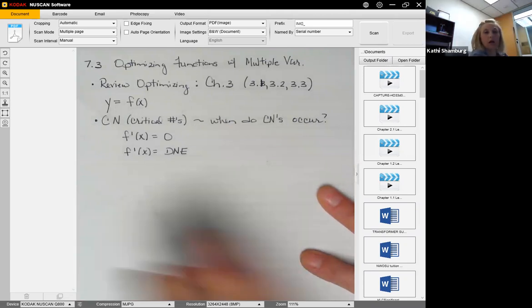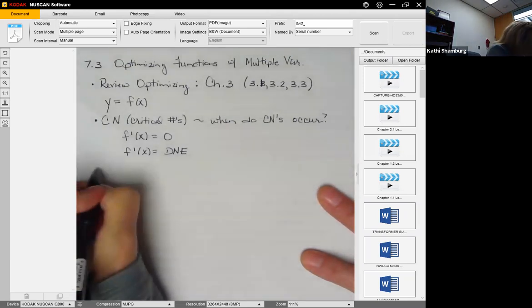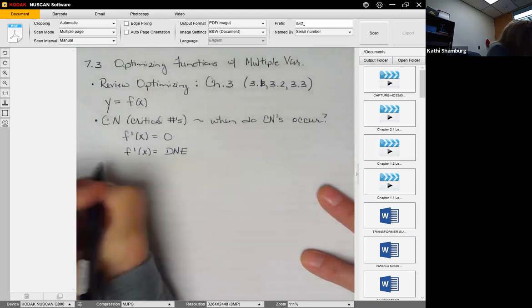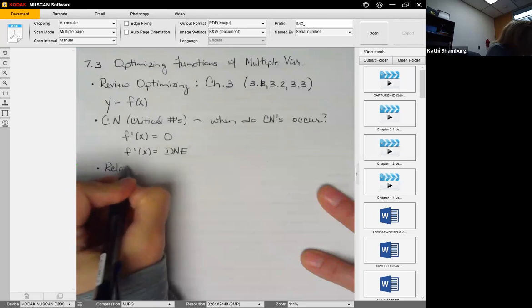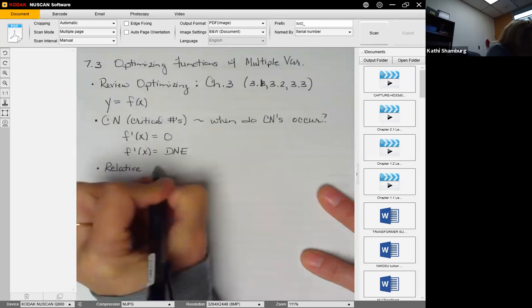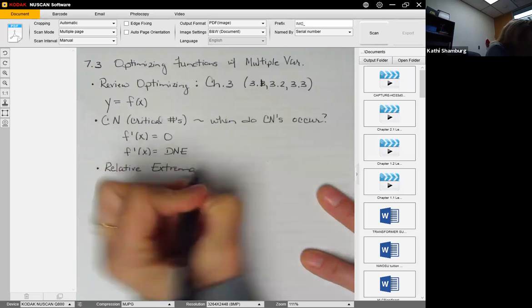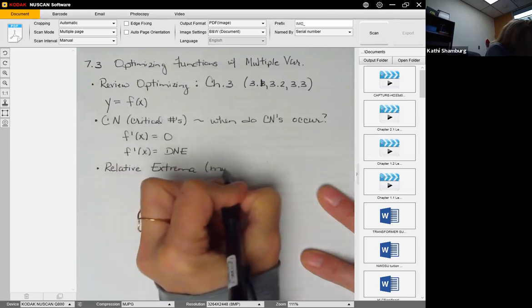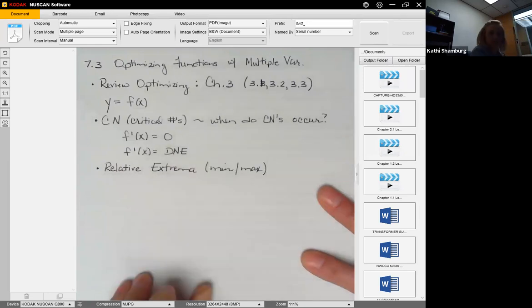So if you recall, well, we're going to look at a picture here that hopefully will help jog your memory some. So after the critical numbers, we then looked at relative extrema. So what we were looking for was the minimum or the maximum.